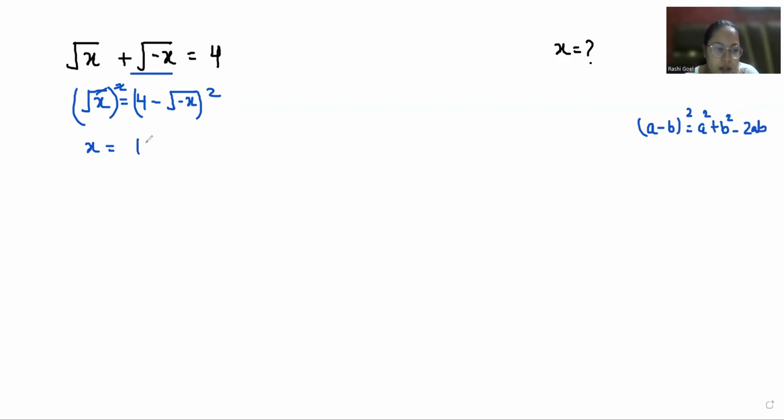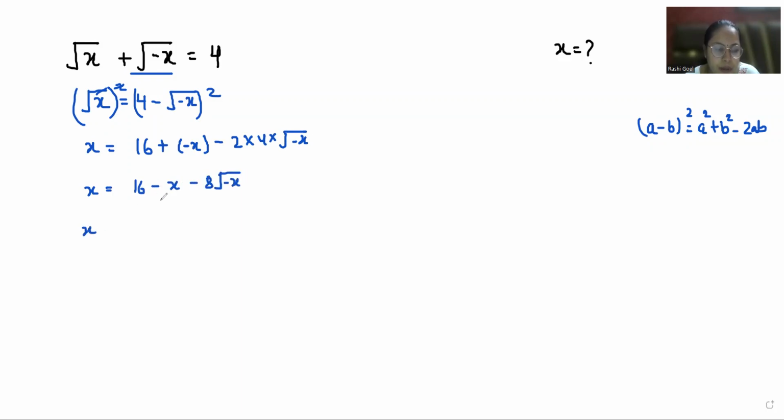So 4 square is 16 plus b square, root x square is negative root x, minus 2 times 4 times negative root x. So x is equals to 16 minus x minus 8 square root of negative x.